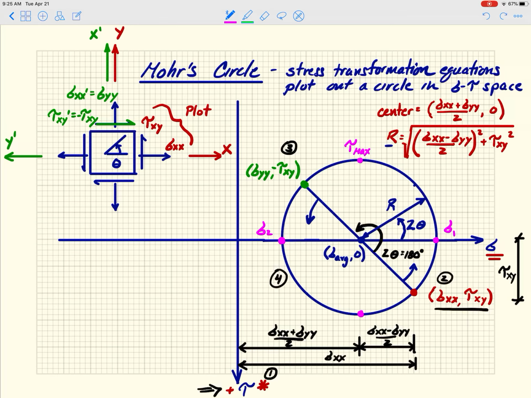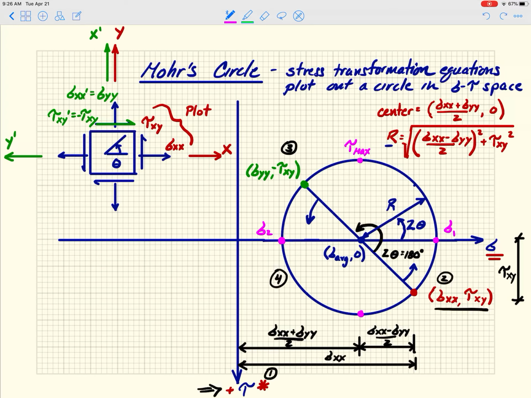And that's just because when I'm looking at it on the Mohr circle, I can see that the sigma xx, tau xy point is about 45 degrees from where sigma 1 is. So if I rotate 45 degrees around the circle, I get to sigma 1, and that's twice what I have to rotate my stress cube. So it gives me this ballpark.